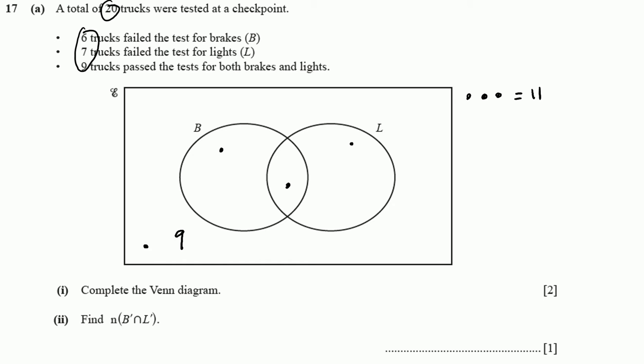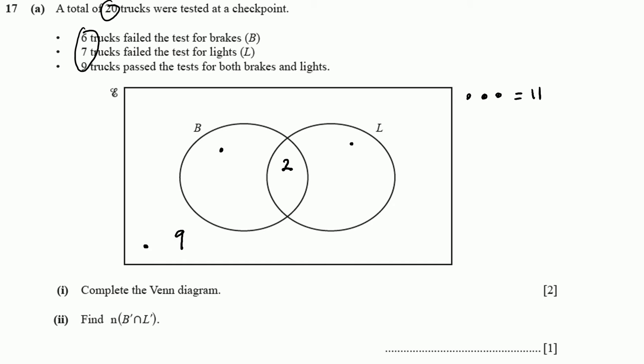Now, the 6 that belong in here, plus the 7 that belong in here, altogether that makes 13, and we're only allowed to fit 11 into here. That means 2 of them must go in the middle and be shared between the 2 sets.